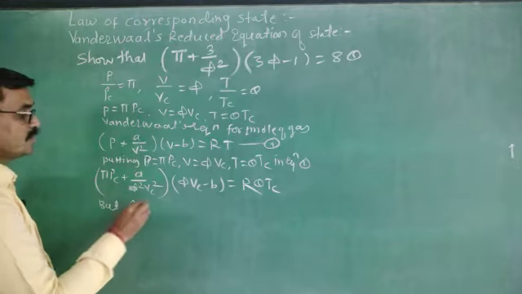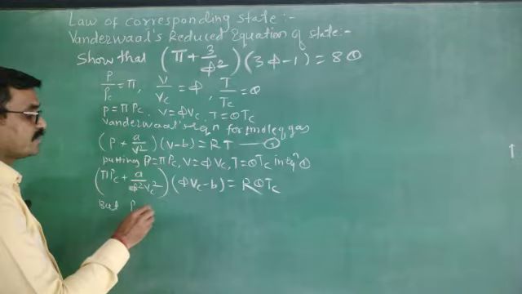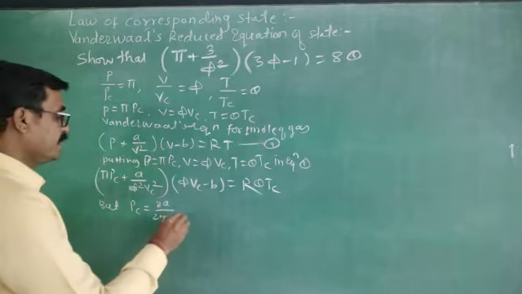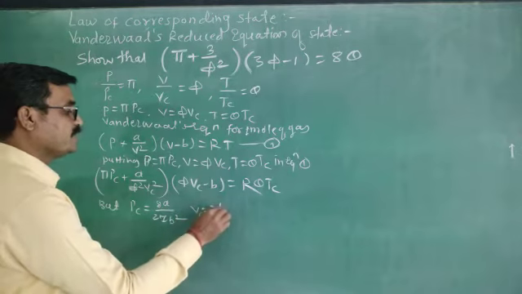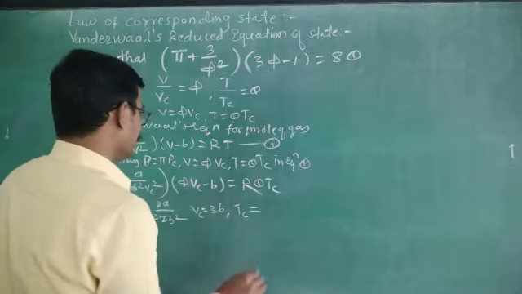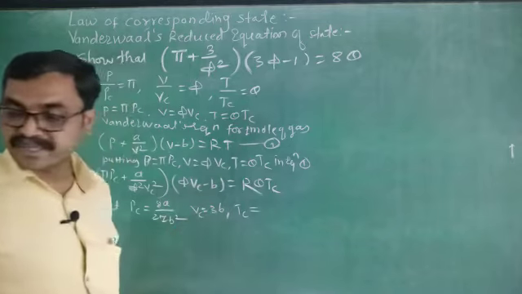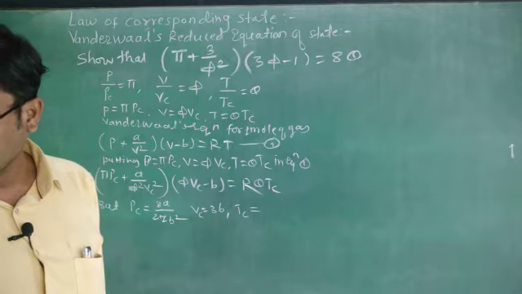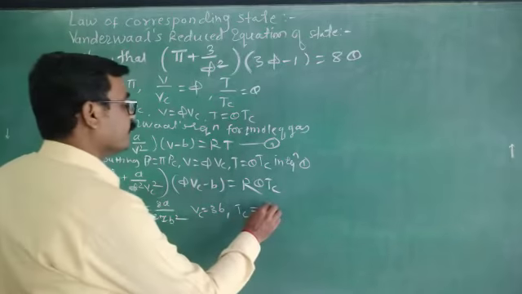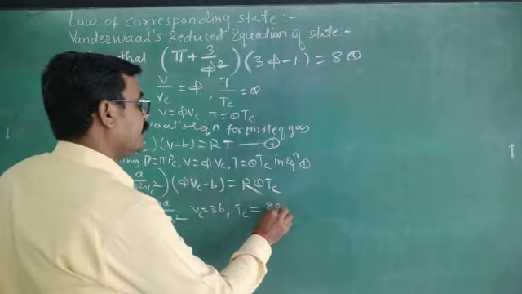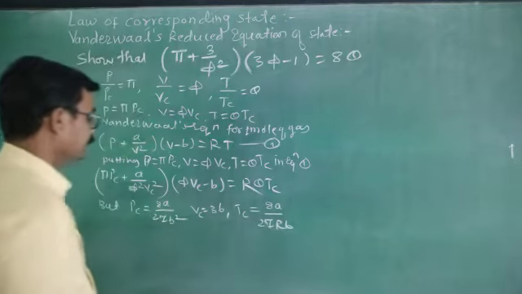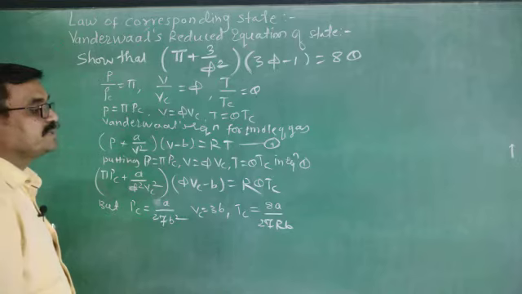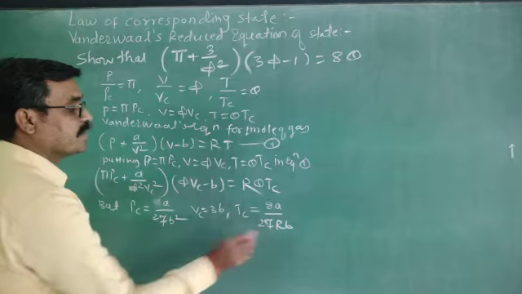Pc equals 8A upon 27B square, Vc equals thrice B, and Tc equals 8A upon 27 RB.